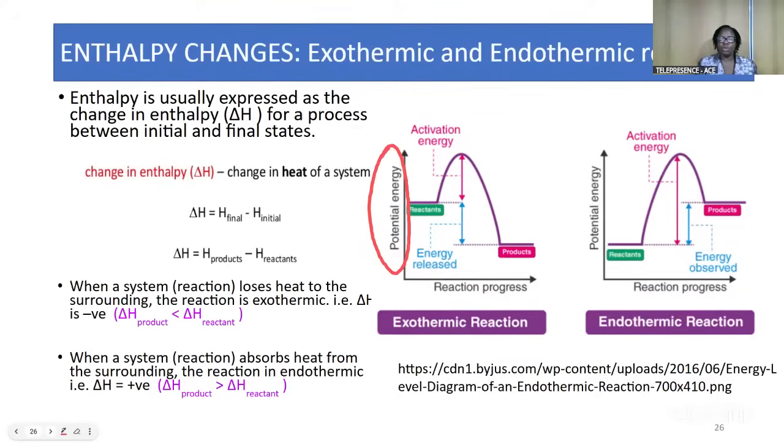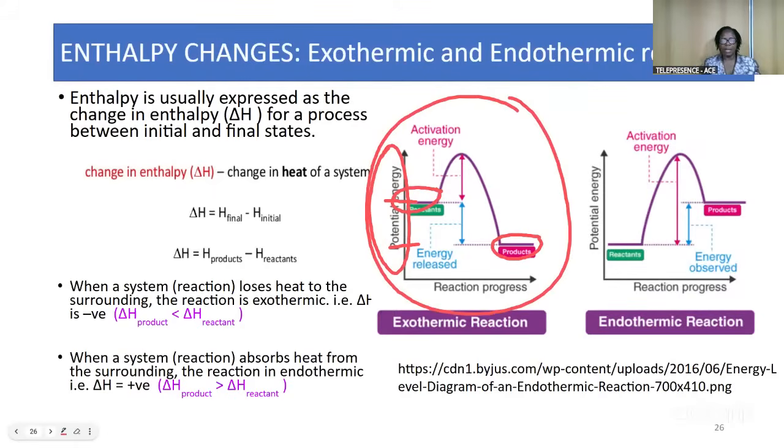So the initial is at this point, and the product is at a lower value. The amount of heat released is expressed in terms of the difference between the initial and the final. And so you can see that H of the product here is smaller than H of the reactants. I'm sure you are used to this potential energy diagram for an exothermic reaction.